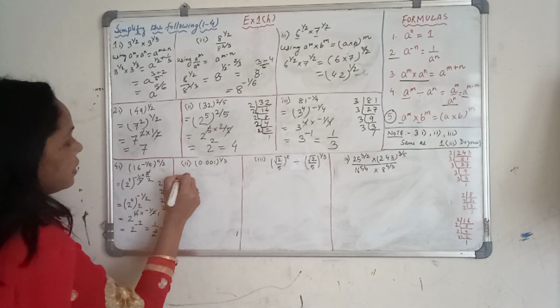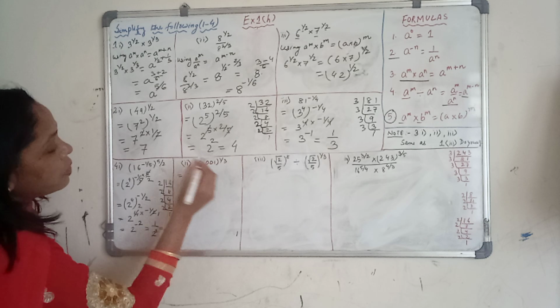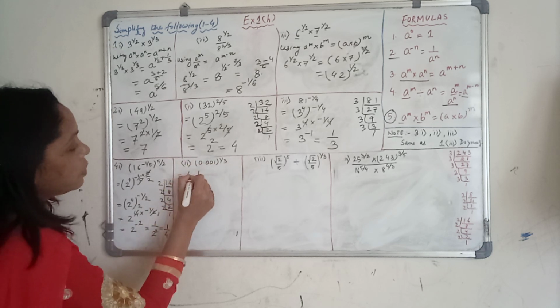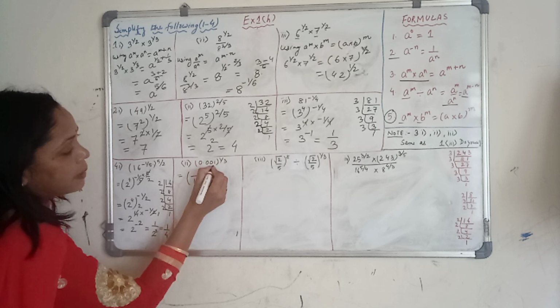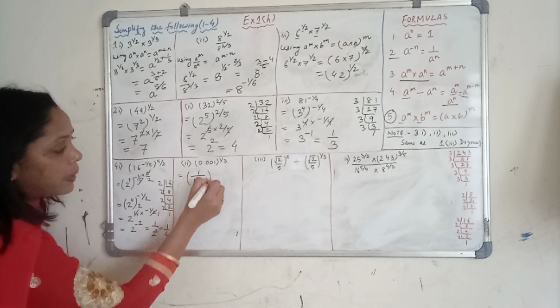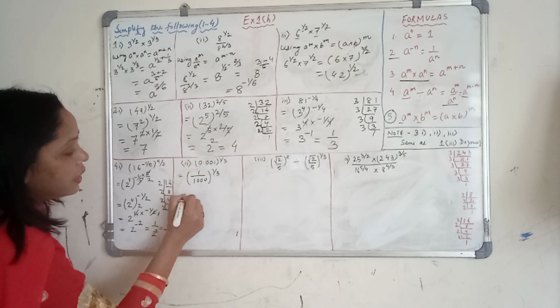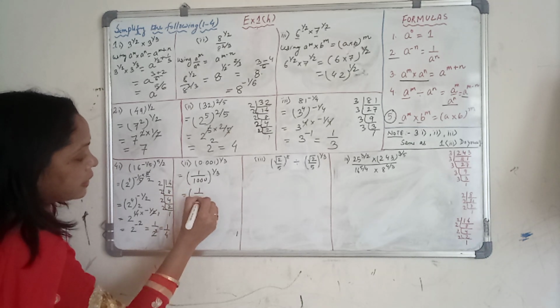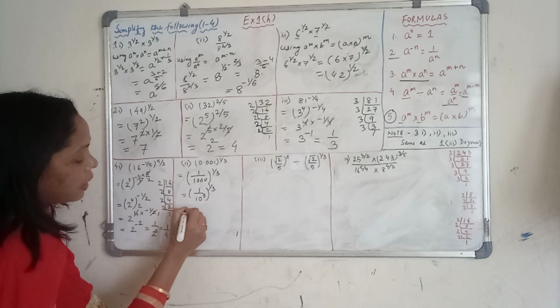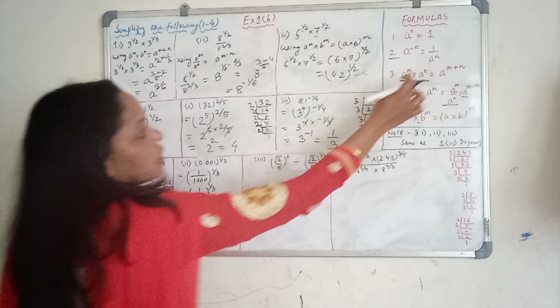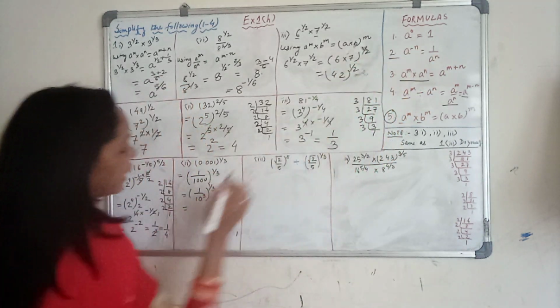Now see this one. 0.001. First convert it into a fraction. 1, 2, 3. Yes, because the decimal comes after 3 digits. So 1 by 1000, power 1 by 3. This one will be 1 by 10,000. We can write it as 10 cube. Now use the reverse of this. 1 by this will be a negative power.